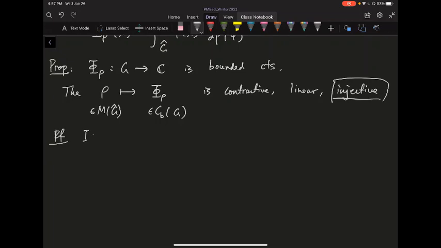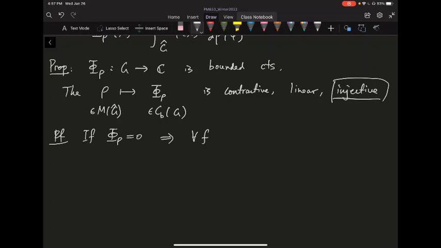So to prove the injectivity, say I have φ_ρ equal to 0. What it means is that for every f, well, think about φ_ρ as a continuous function on G. Any continuous function on G is, of course, in the L infinity. So you can treat it as the dual of the L1 space.